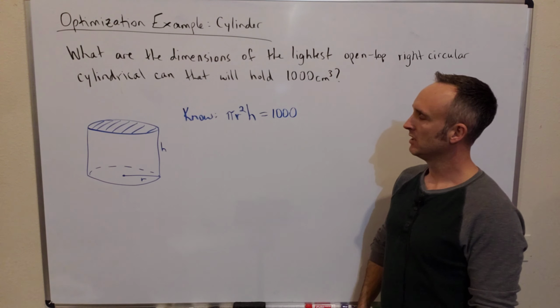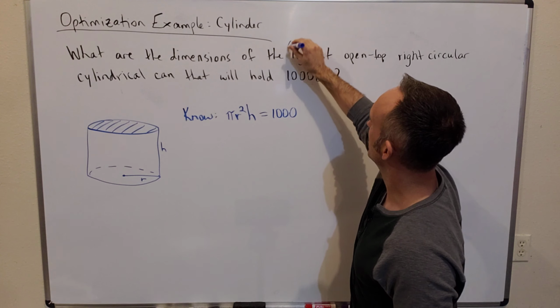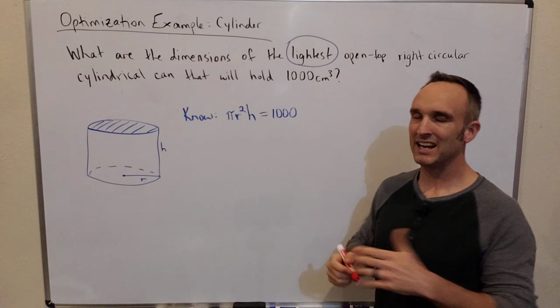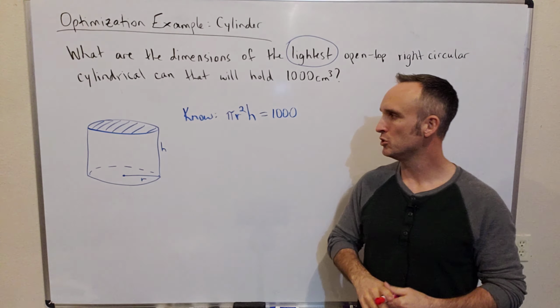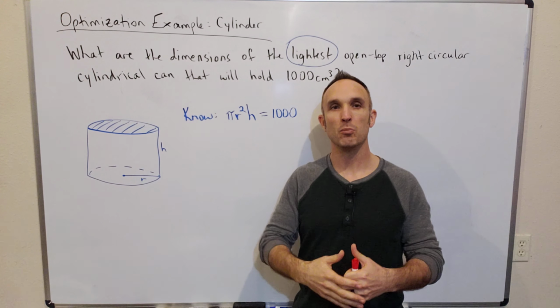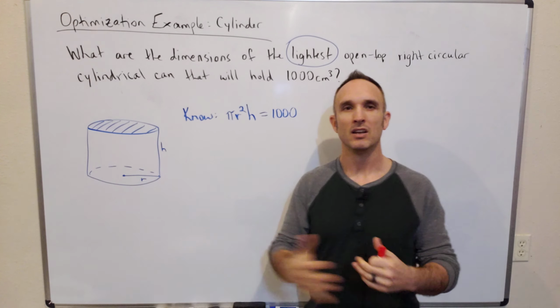Okay? Now, what are we trying to do here? We're trying to find the lightest can. How do you make a can lighter? Well, you do that by using less material to make it, right? The more metal you use to make this can, the heavier it's going to be.